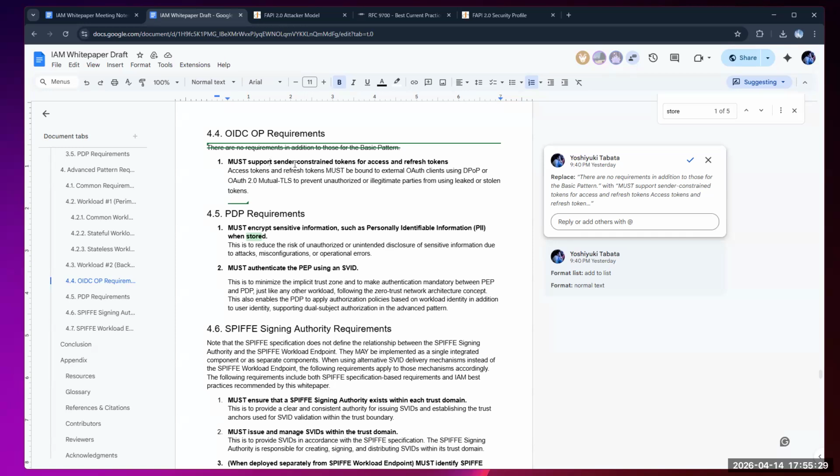I agree, but I'm worried readers might wonder why we don't support FAPI 2.0. Because we have not only the advanced pattern but also the basic pattern. What do you think? For example, can we support FAPI 2.0 in the advanced pattern only, because it treats highly sensitive information?